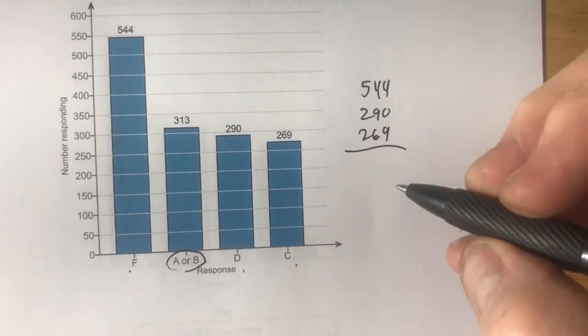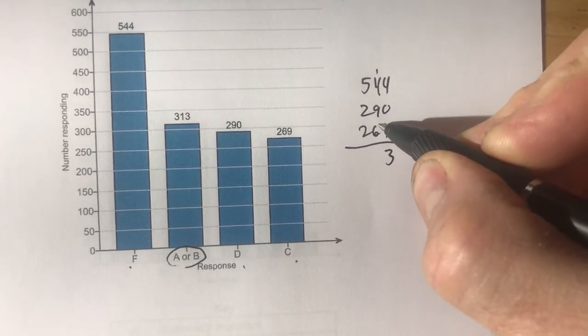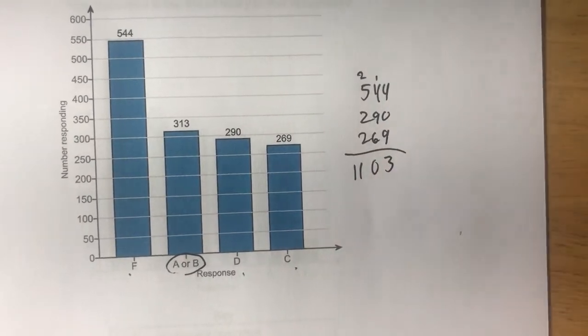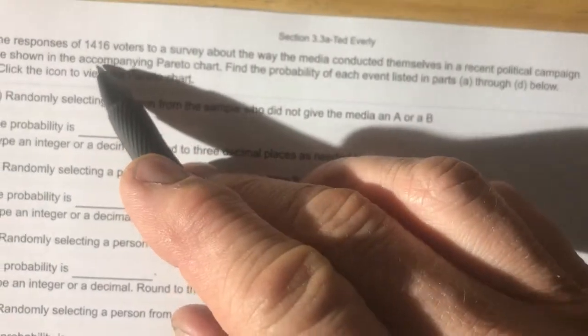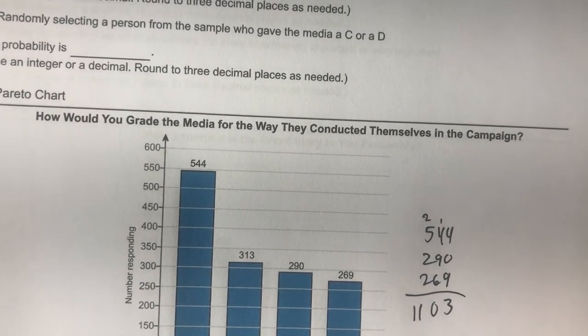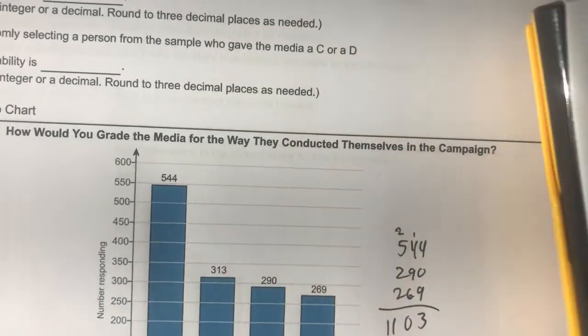That's what I get when I add them up, 1103. So that's how many did not give them A or B. It says there's 1,416 total right here. That's how many total there are. So I do 1103 divided by 1416, and that would be my answer right there. All right, so let's do this real quick.